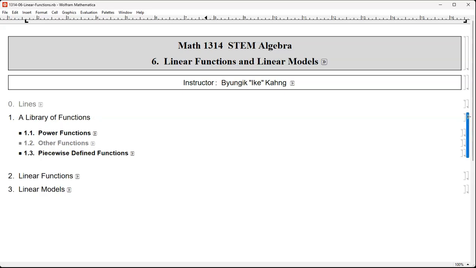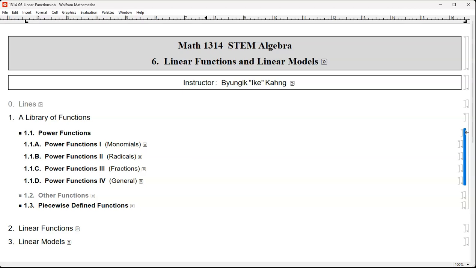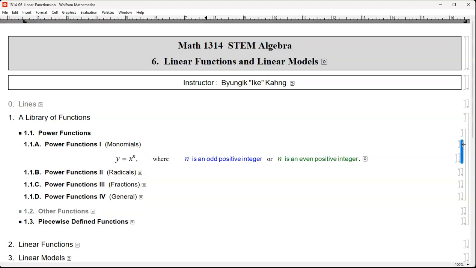Alright, let's begin section 1, library of functions, and let's study some well-known functions. First, power functions, which can be subcategorized into 4. The simplest case, x to the nth power, where the power n is a positive integer.